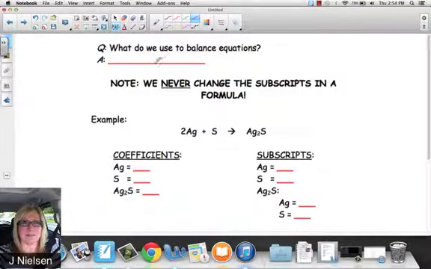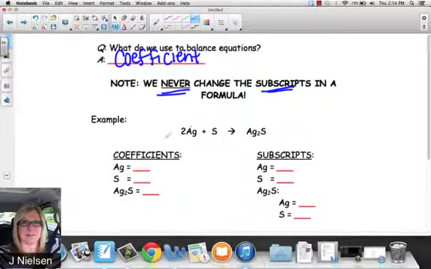So what do we use to balance equations? We use coefficients. That's the only thing that we can change when we balance an equation. We never ever change the subscripts, because if we change the subscripts, we're changing the formula.